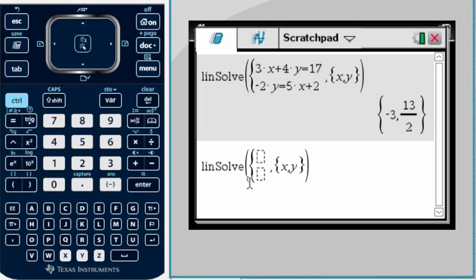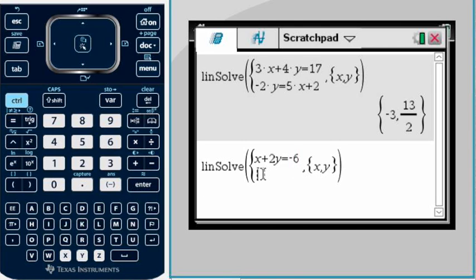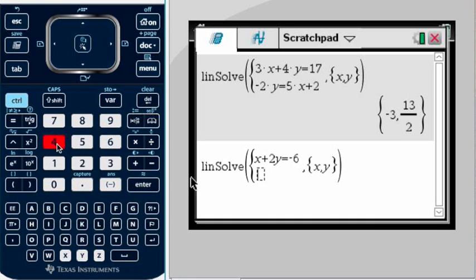Okay, and the 2 equations that I'm going to have now are x plus 2y equals negative 6. My second equation, 4x plus 8y equals 10. There are my 2 equations.